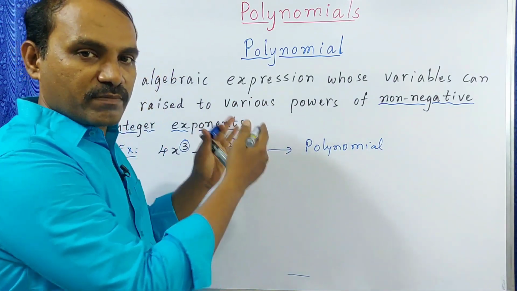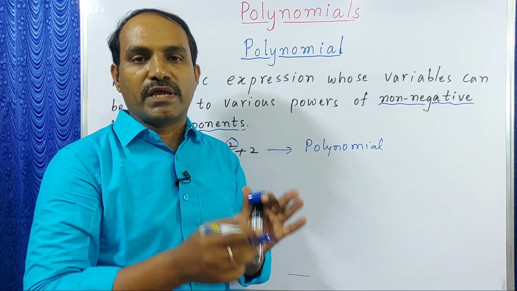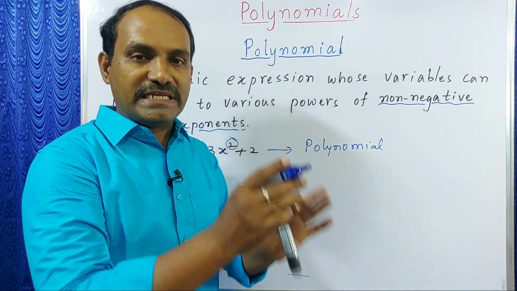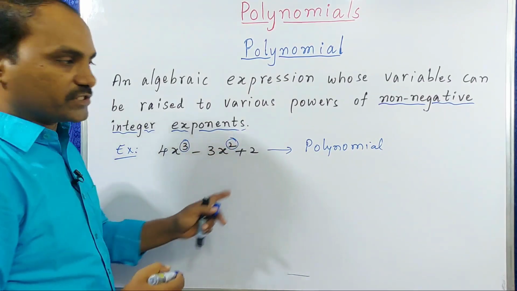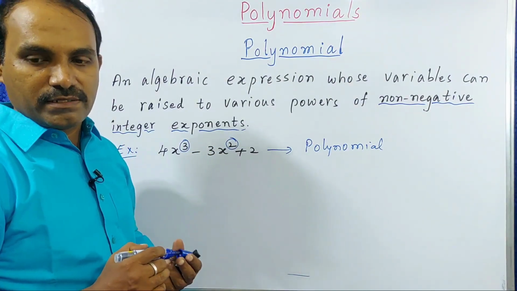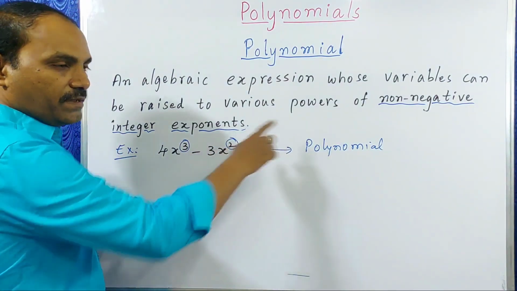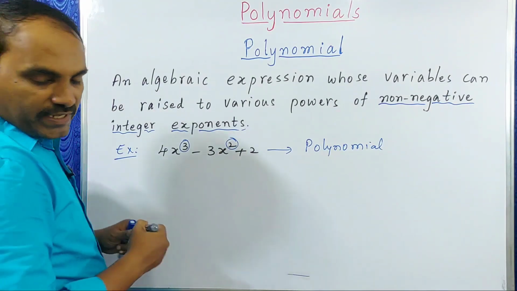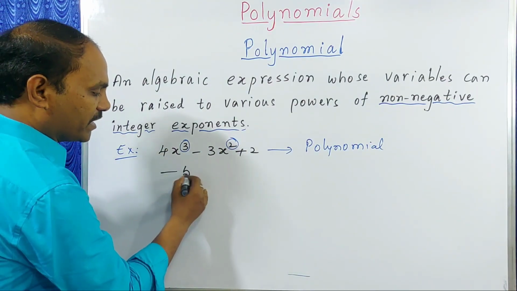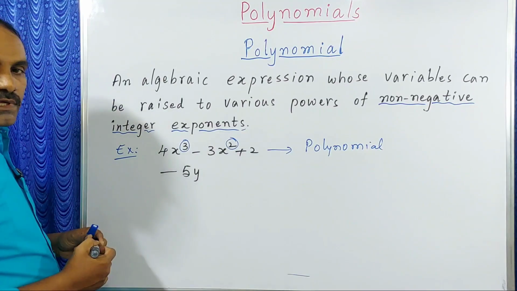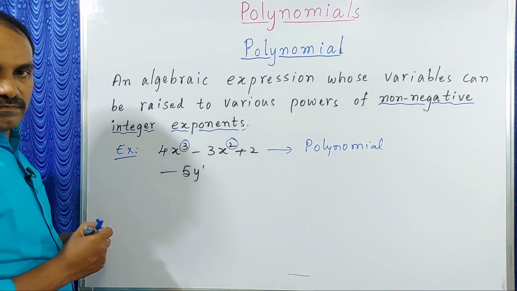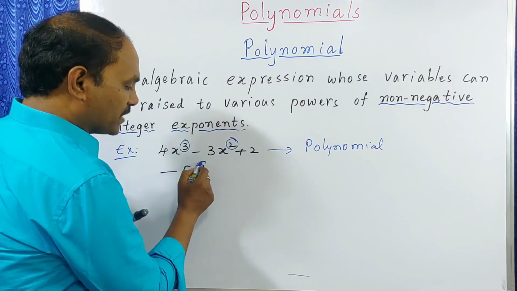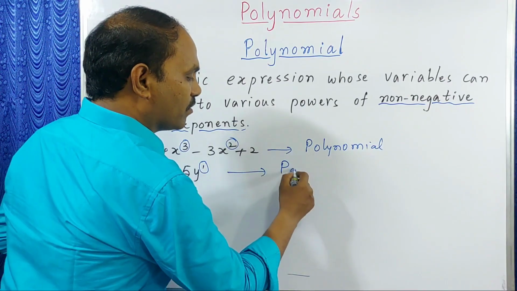The exponents must be positive integers. So here 4x cube minus 3x square plus 2 is a polynomial. This algebraic expression is a polynomial. Next one, for example, 5 minus 5y. Here y has power 1. This one is a positive number, so this one is also a polynomial.